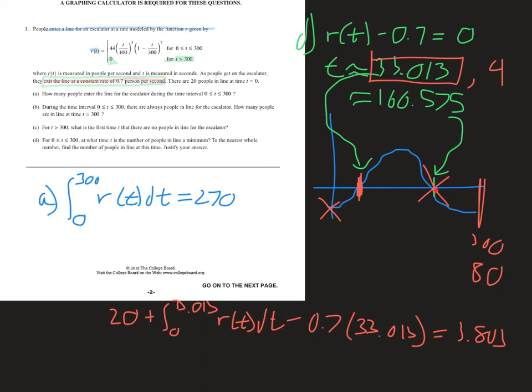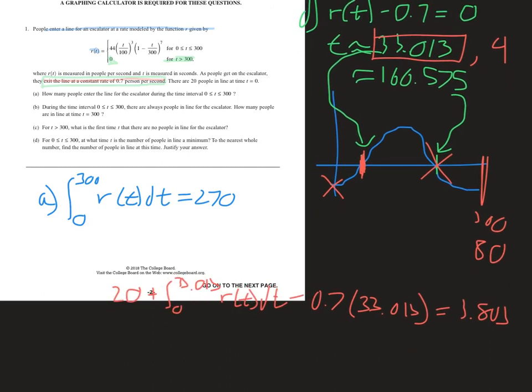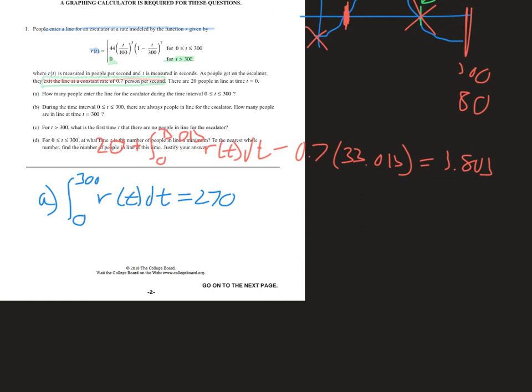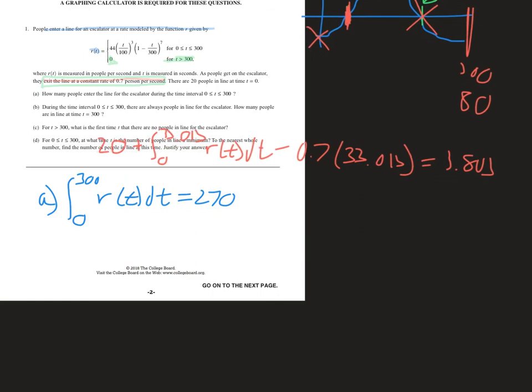Same here. When you check your answers with the College Board scoring guide, what they'll always do is they'll just make a table, and they'll just say, okay, what are my candidates? T and people.